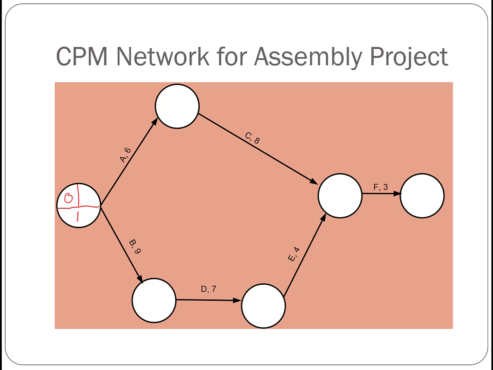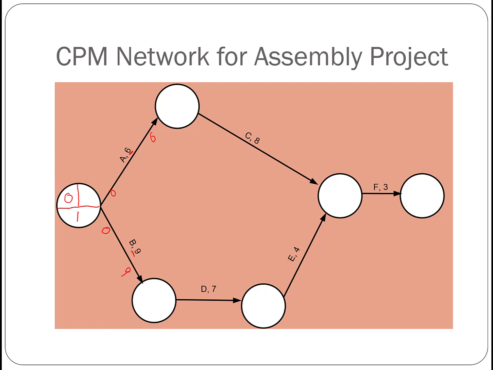So that means the early start time of our activity A is 0. We write the early start and early finish time under the arrow. So if A starts at day 0 and it takes 6 days to complete, then its early finish date is 6. Similarly, for B, its early start time is 0 and it takes 9 days to complete B, so its early finish time is day 9.